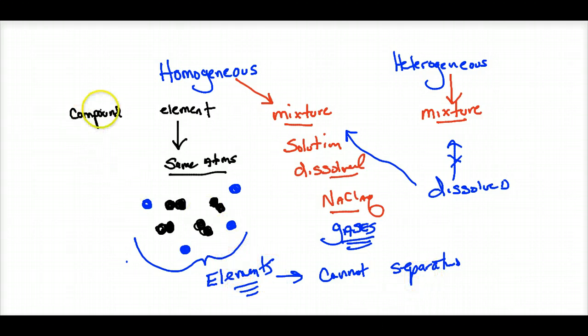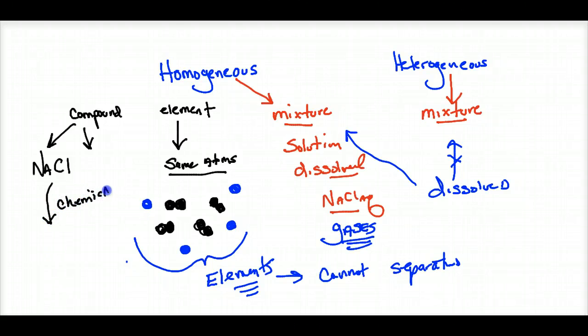A compound can be broken down, because a compound is made of two or more atoms bonded together. For instance, sodium chloride has two different capitals, two different elements, and therefore it can be broken down by, you guessed it, a chemical change, because you're breaking bonds into the individual atoms. Compounds eventually break down into the elements.